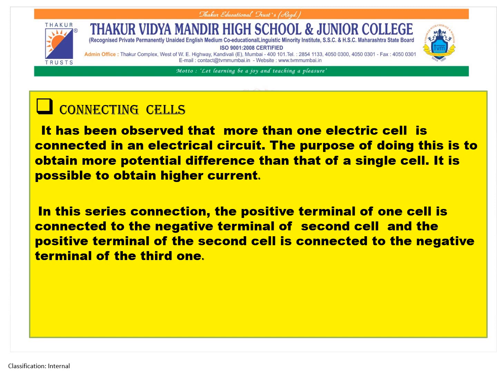It is possible to obtain higher current. In this series connection, the positive terminal of one cell is connected to the negative terminal of the second cell, and the positive terminal of the second cell is connected to the negative terminal of the third one.